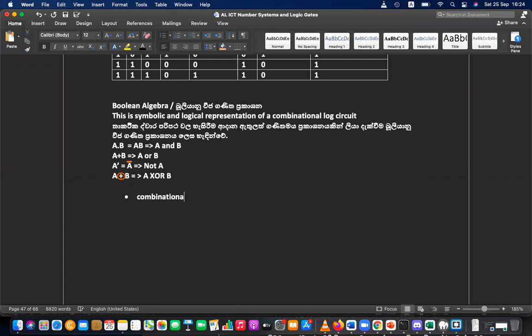Combinational logic gates provide output based on the current inputs. Those are combinational logic circuits, and that is symbolically represented by using Boolean algebra.